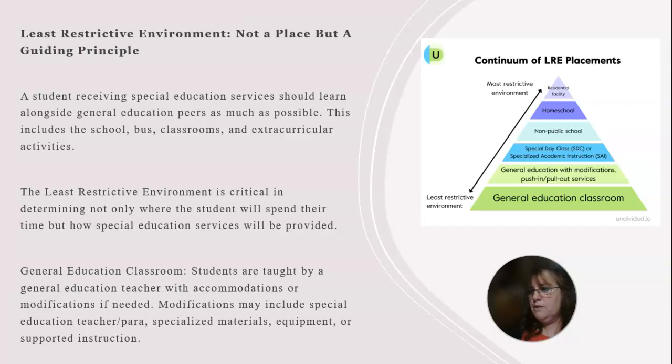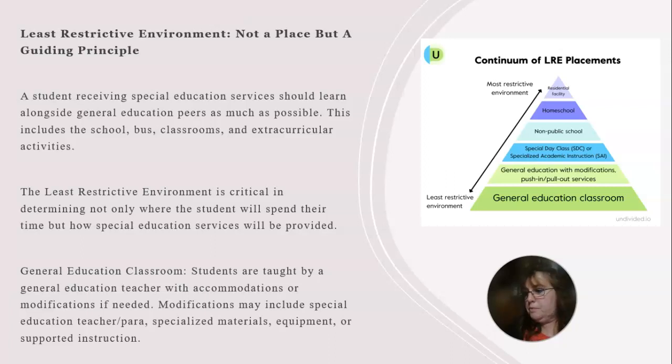Any placement outside of the general education classroom where students learn together with a general education classroom teacher has to be justified by the student's individual disability or their related needs.